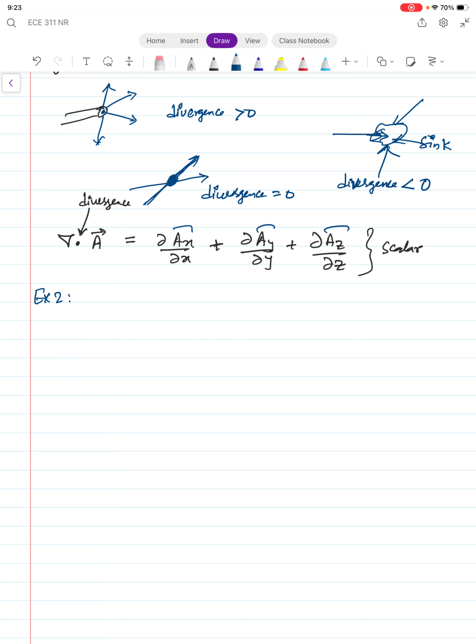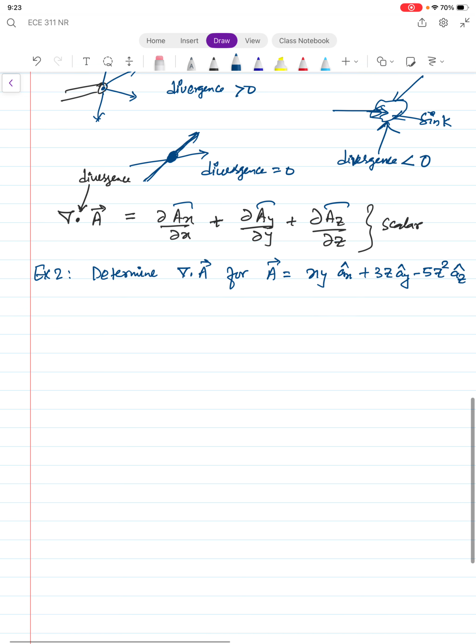Okay, example 2, which says determine del dot A, meaning divergence, for a given vector A equals xy ax plus 3z ay minus 5z square az.